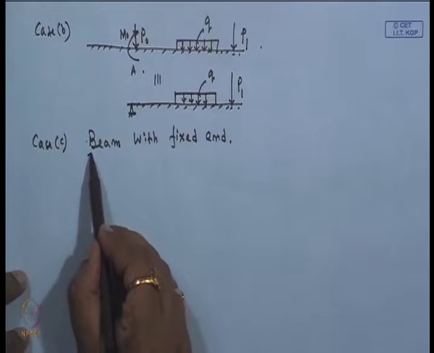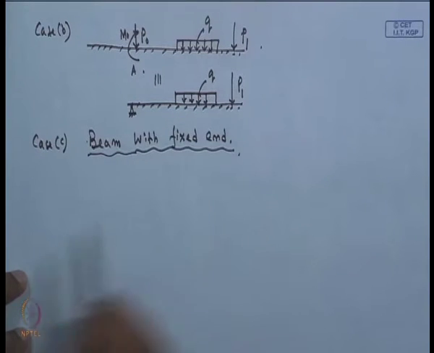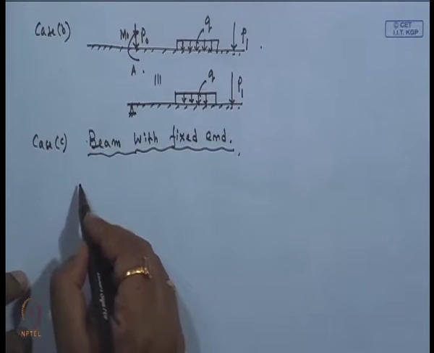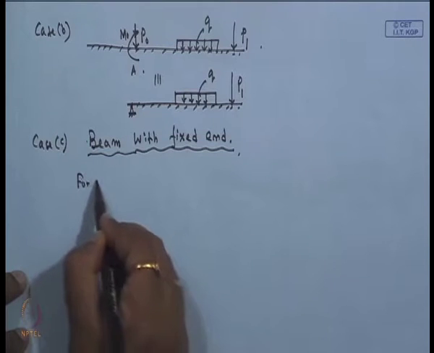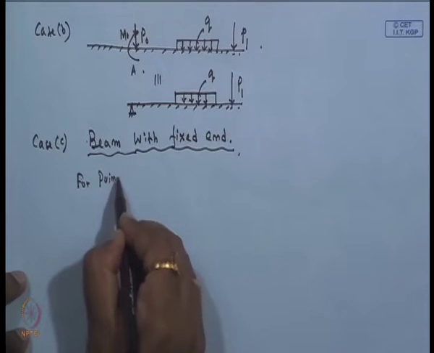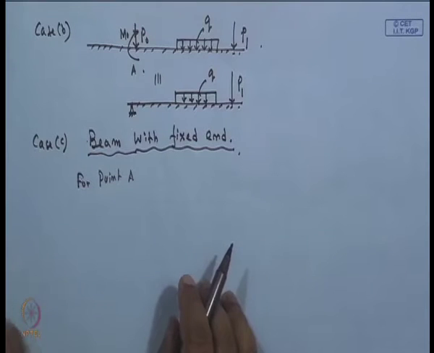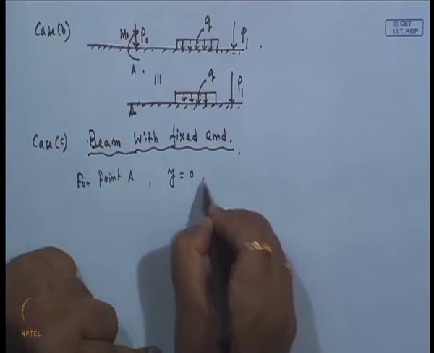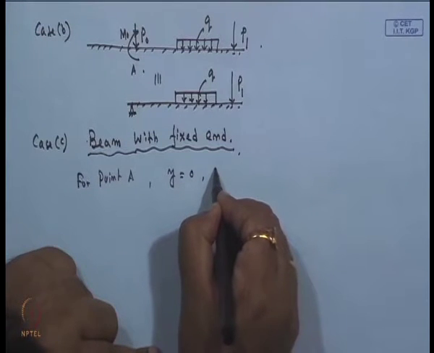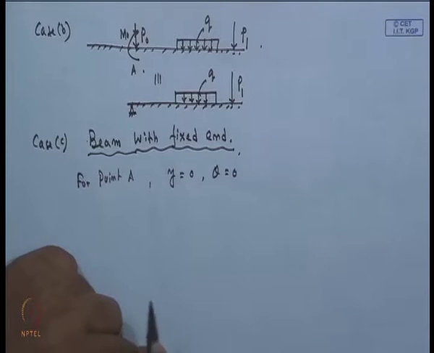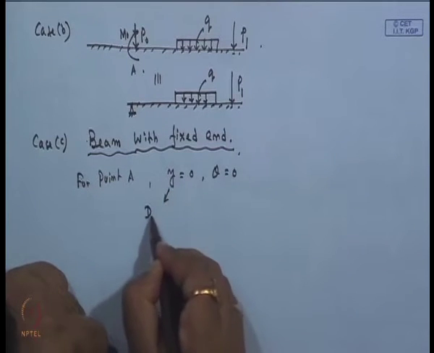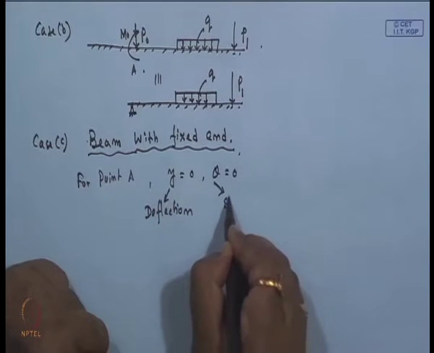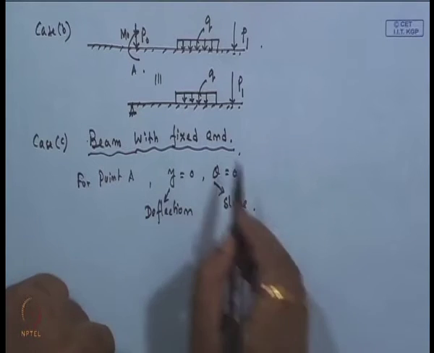That means for the fixed end, at point A of the infinite beam, the condition will be net deflection is 0 and slope is also 0. This is deflection, this one is slope, because this is a fixed end beam.